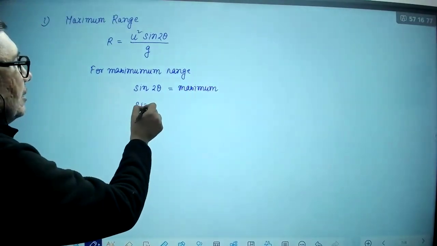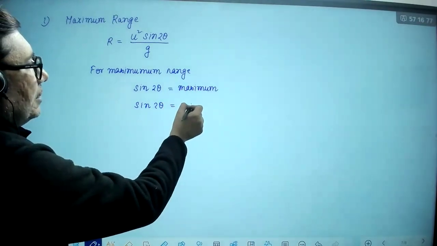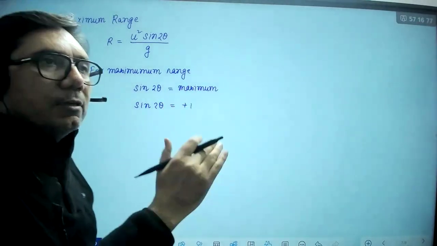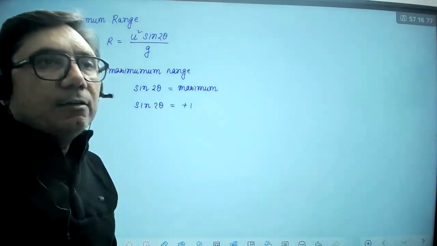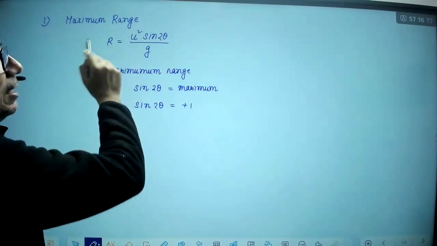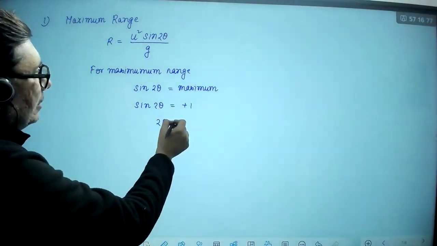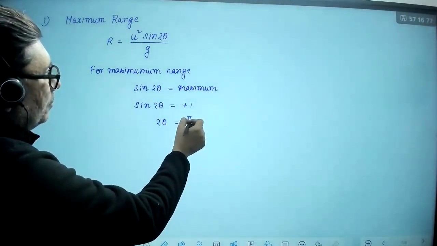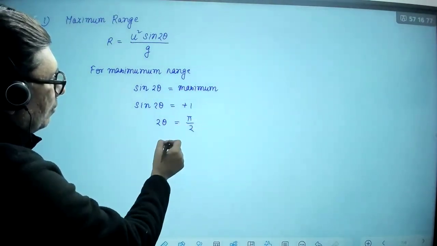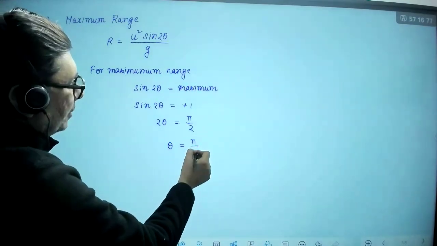Plus 1. Sine varies from -1 to +1, so the maximum value of sine is +1. Only when this is +1 will R be maximum. So from here, 2 theta will be pi by 2. So what will be theta? Theta will be pi by 4, or 45 degrees.